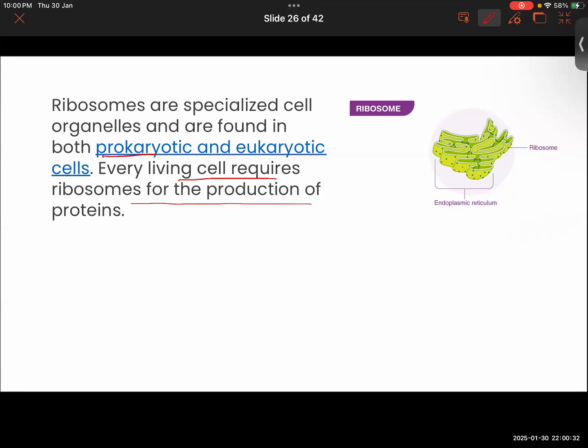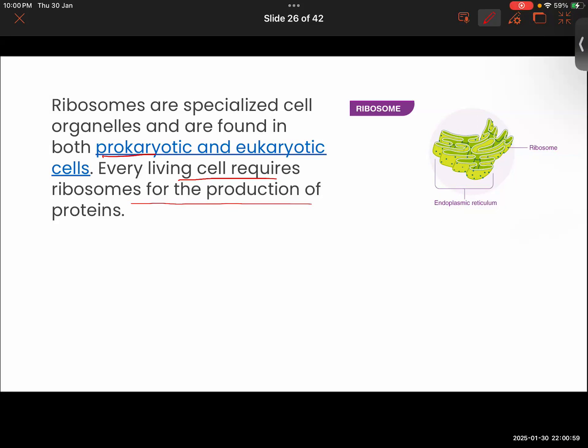Yes, sir. Whether it be bacterial cells, fungal cells, plant cells, or animal cells, everywhere this is present. But later on in higher classes, you will learn that the type of ribosomes found in bacterial cells is different as compared to animal and plant cells.